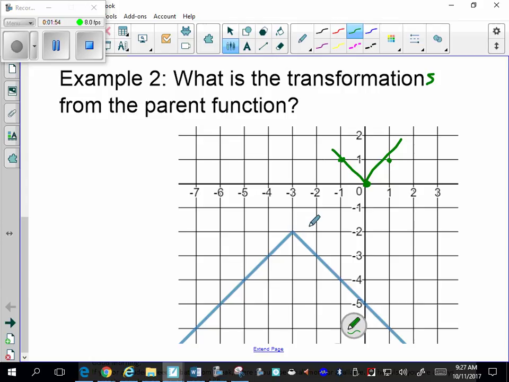Well, it's upside down, so we know that it is reflected, and we only reflect this over the x-axis. So it's the absolute value function, abs value, that is reflected.